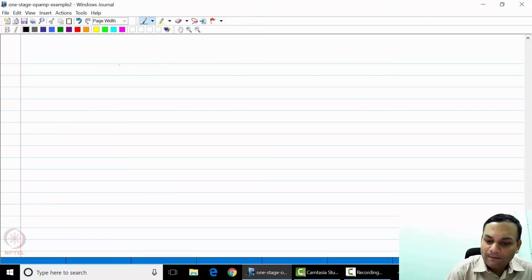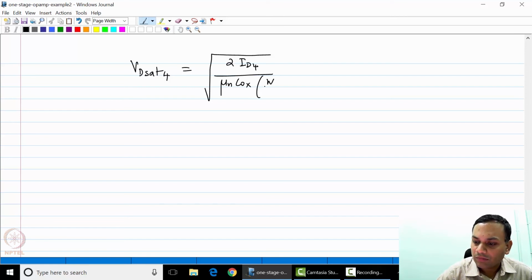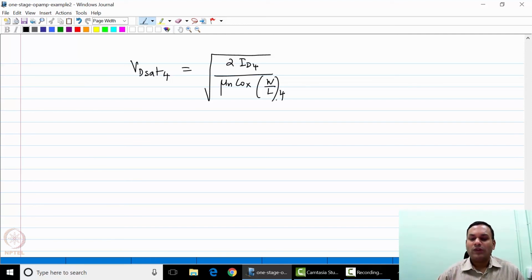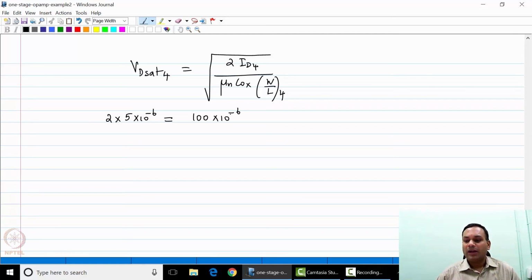VD sat 4 is simply the square root of 2ID4 over mu n C ox W over L4, and since this is equal to 1, we will square both sides and point out that 2 into ID4, which is 5 microamps, should be equal to mu n C ox, which is 100 microamps per volt squared, times W over L of 4.